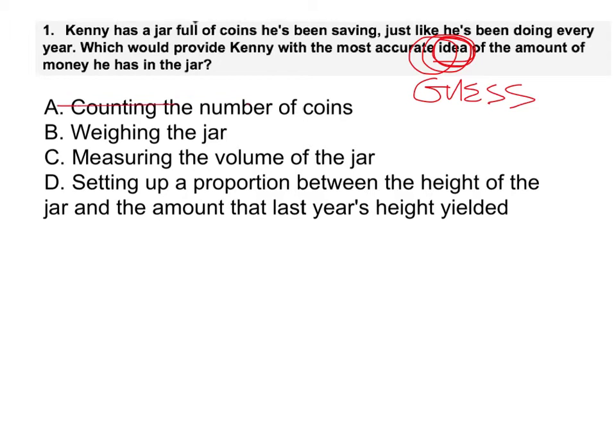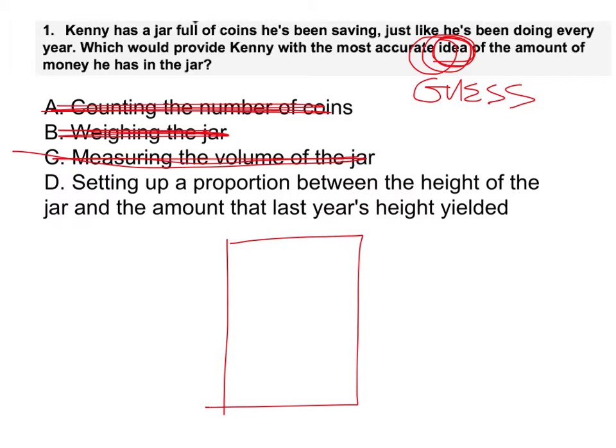So that eliminates what answer? It eliminates A. Now, is there anything in the problem that says something about the weight of the jar? No. Does it say how big the jar is? So when it talks about the height of the jar, it's not referring to the real height of the jar.